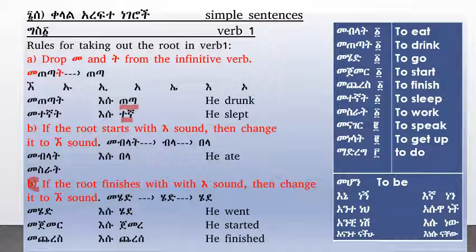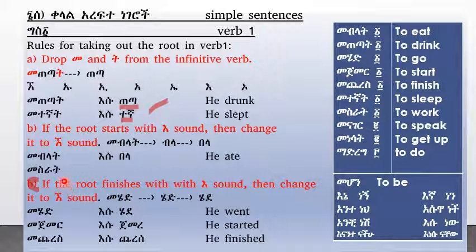We just simply change those stories to you, to me, etc. That's the logic behind this strategy I came up with. Okay, እሱ ጠጣ, he drank. First መተኛት, drop t, እሱ ተኛ, he slept.